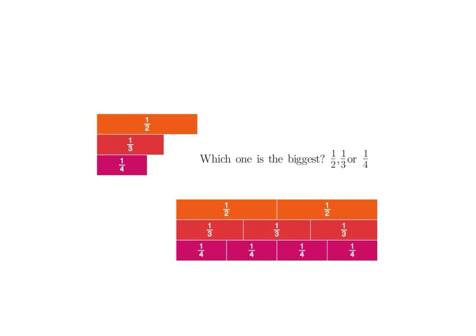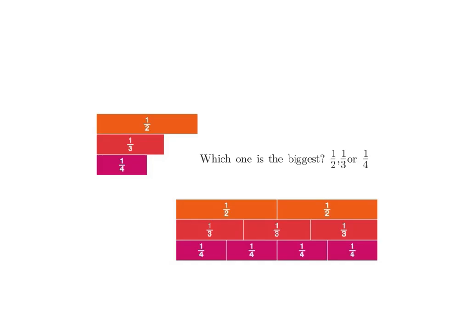Hi friends, for our next question, this is going to be a comparison question. Which one is the biggest: 1/2, 1/3, or 1/4? With our definition of a fraction, for 1/2 we have 2 equal parts size 1/2 to give us the whole. For 1/3, we have 3 equal parts size 1/3 of the whole.